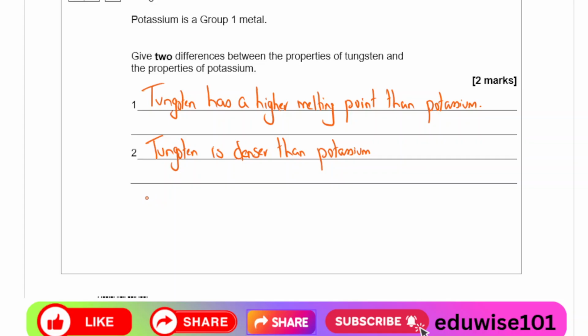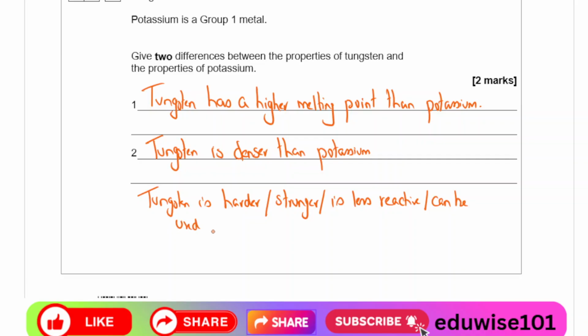We are talking about tungsten. So tungsten is harder, or you could say stronger. You could also say is less reactive, or can be used as a catalyst, right?